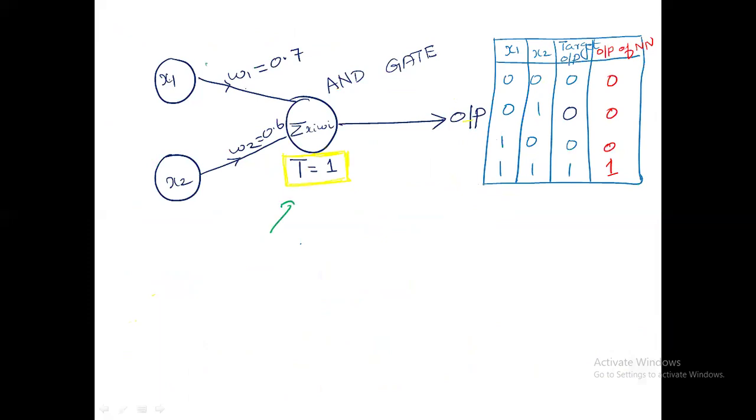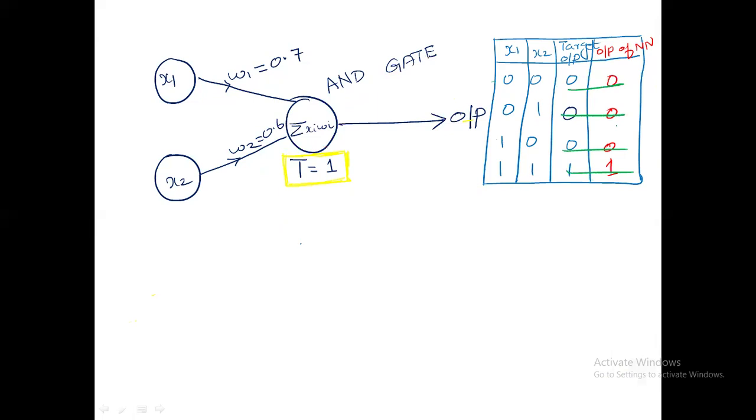In the modified diagram, W1 is 0.7, W2 is 0.6, and this is the AND gate. Threshold we are fixing as 1. For this case, the targeted output is 0, 0, 0, 1, and the predicted output we are getting is also 0, 0, 0, 1.